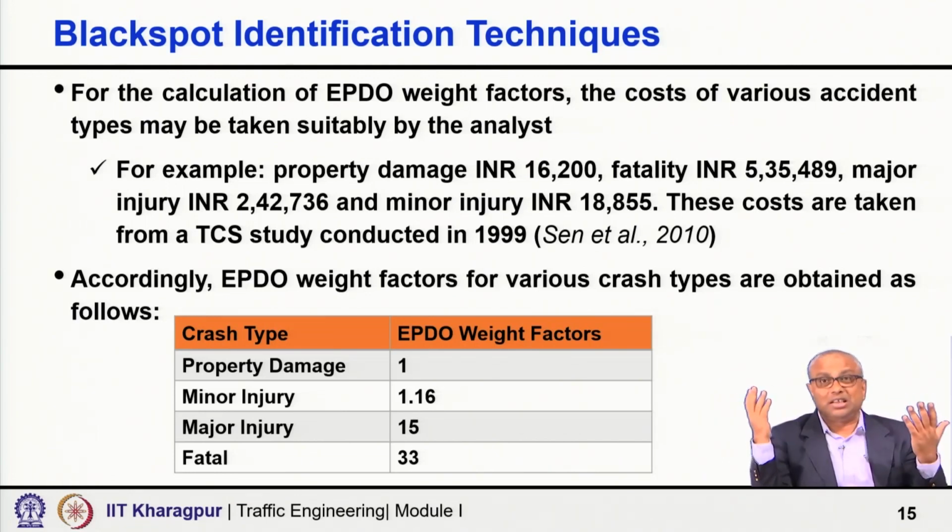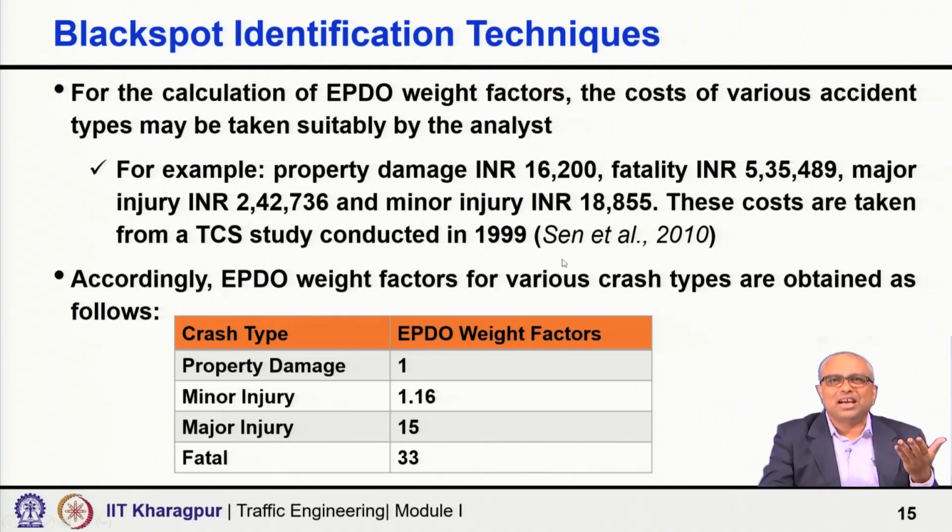Such studies can be done, and as in the Indian scenario, these are the EPDO weight factors which were developed based on this TCS study. So, property damage 1, minor injury 1.16, major 15, fatal 33.